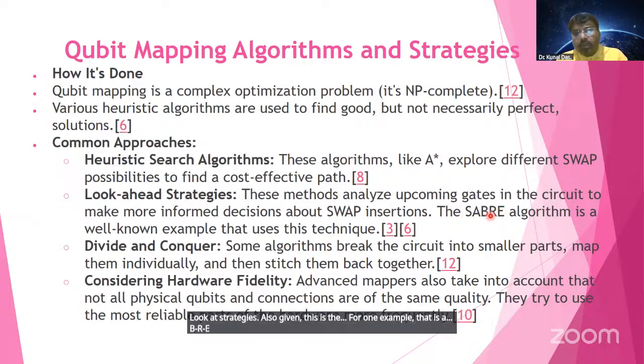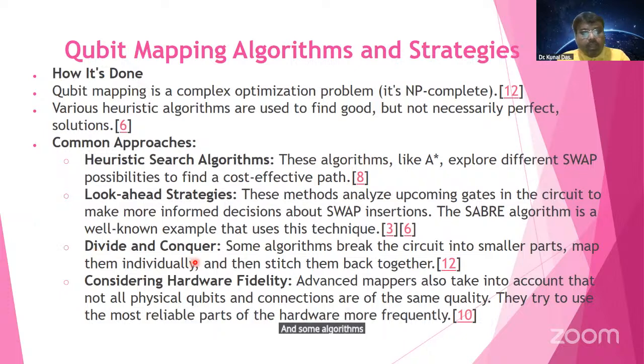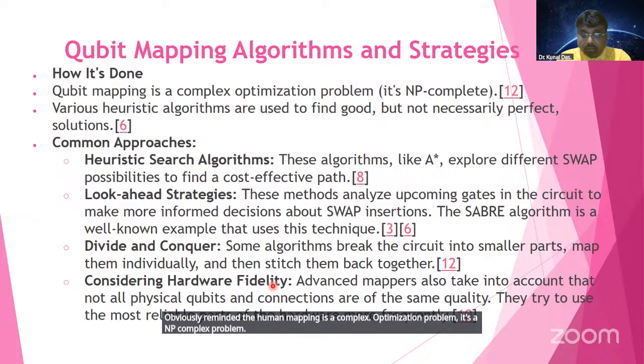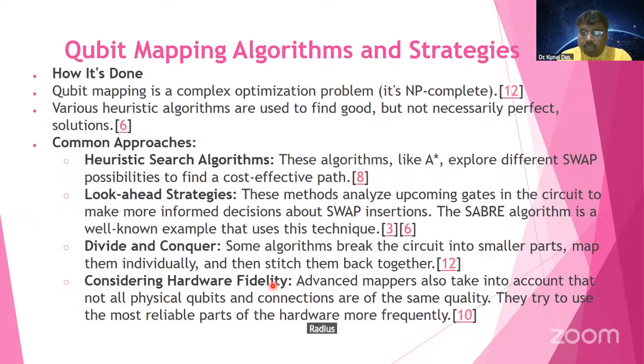This algorithm we have compared with our work, along with some other algorithms, such as divide and conquer, and some that consider hardware fidelity to make a qubit mapping. Obviously, qubit mapping is a complex optimization problem. It is an NP-complete problem, and various heuristic algorithms are used. Some heuristic algorithms work very well, and some are found not so good for these cases.